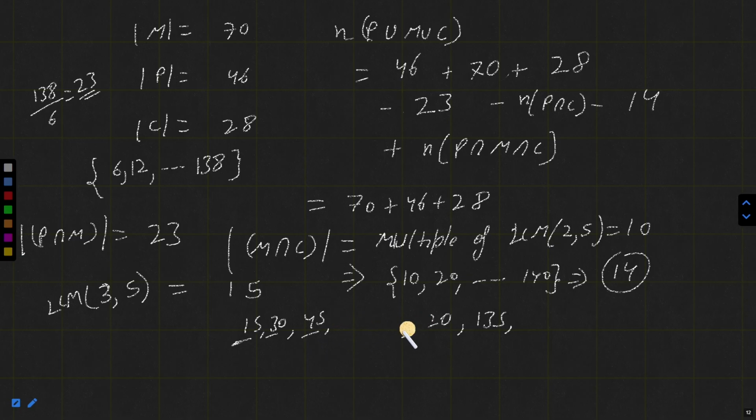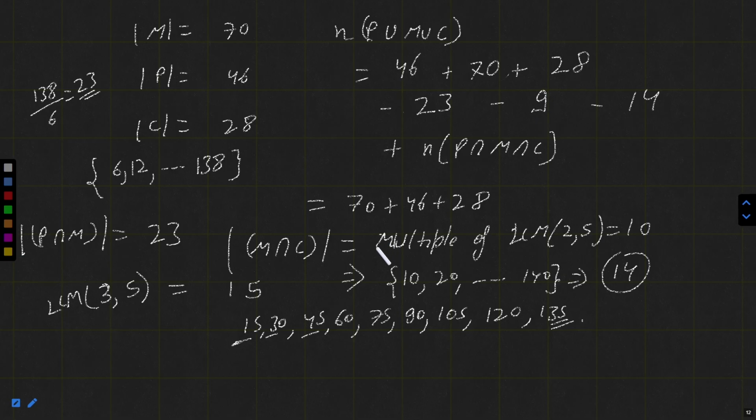Then 60, 75, 90, and 105, 120, 135. Okay, the last number is 135. So the cardinality will be 1, 2, 3, 4, 5, 6, 7, 8, 9. 9. Okay, now we know this number also. The 9.